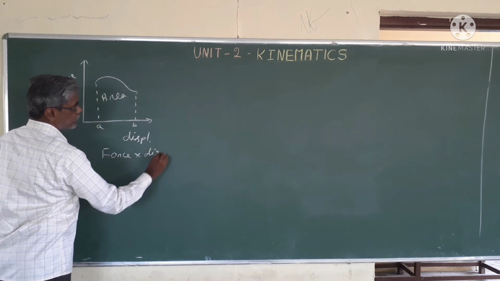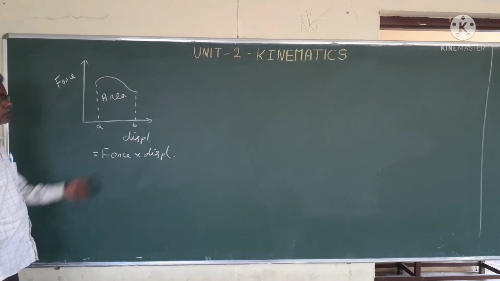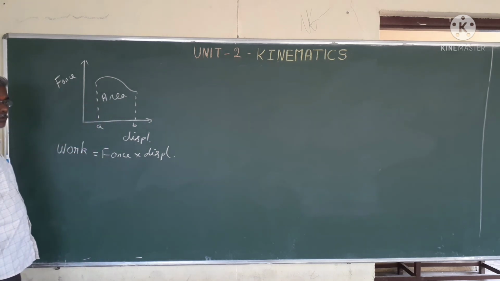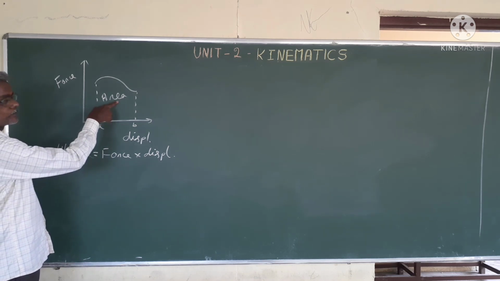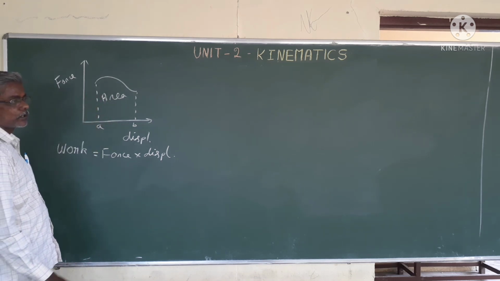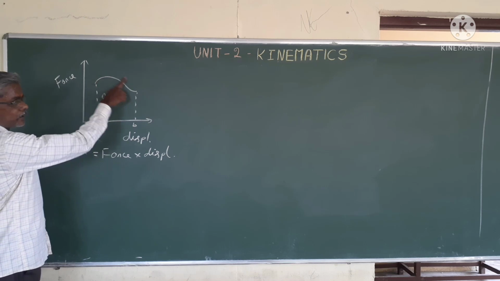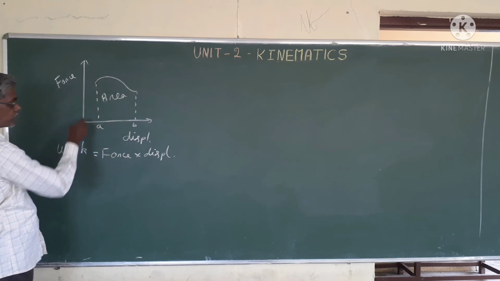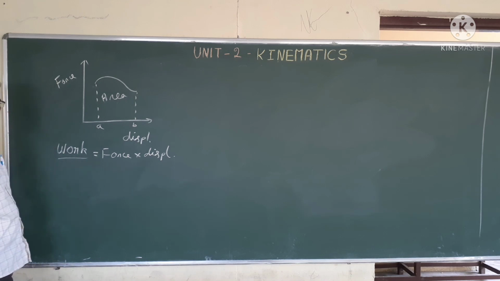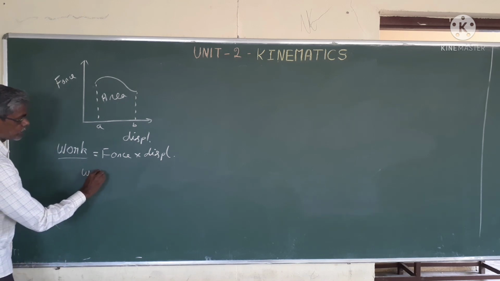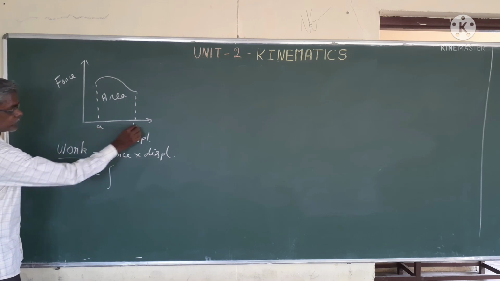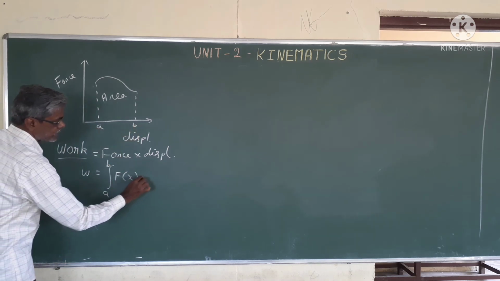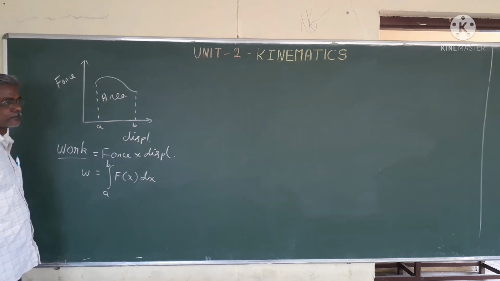Force into displacement will give what? Work done. This is nothing but the area under this curve. So I can tell the area under force displacement graph is nothing but work. So work is equal to integral of a to b f of x dx.